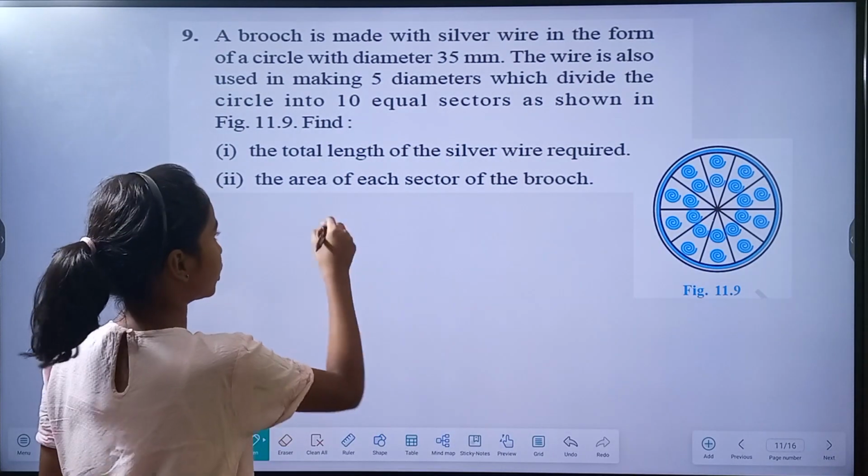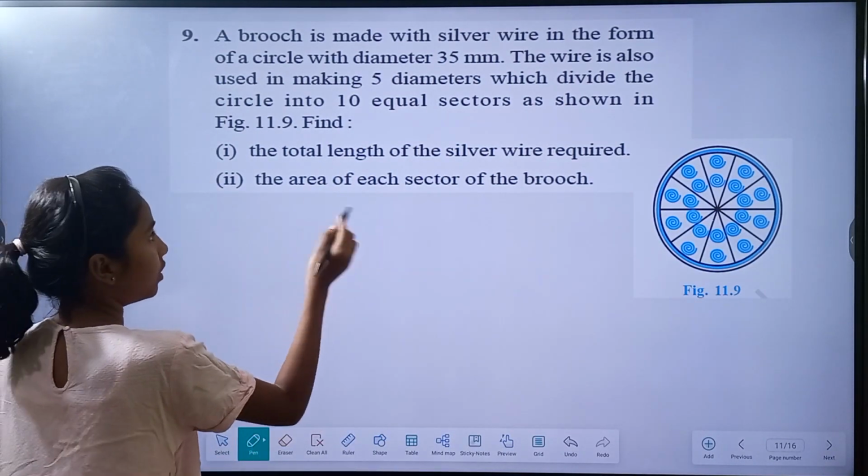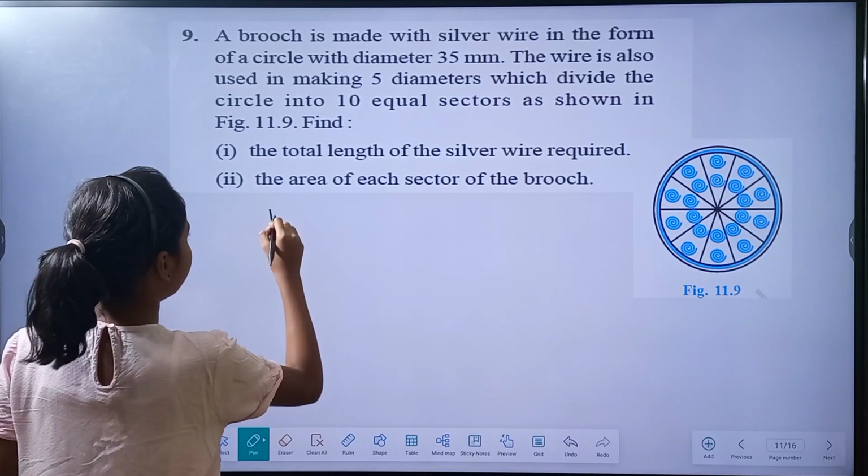The circumference, which is 2 pi r, plus the length of the diameters.